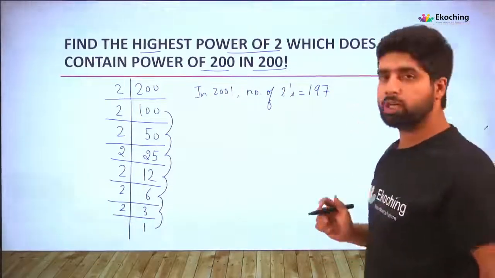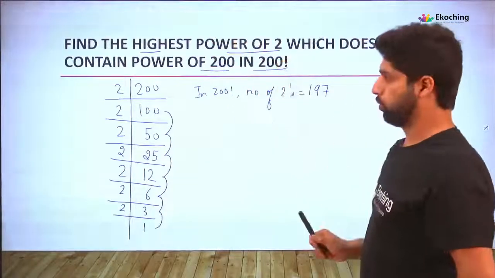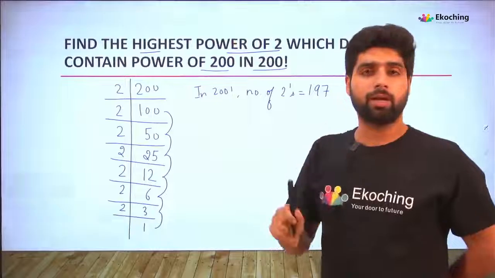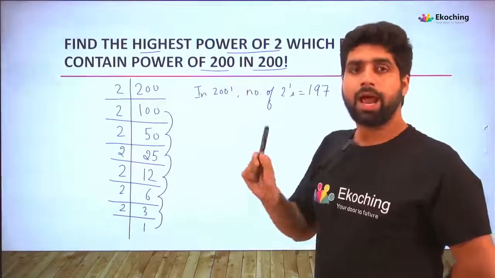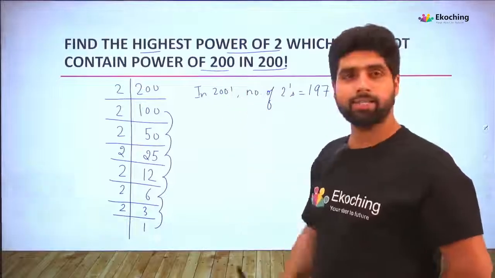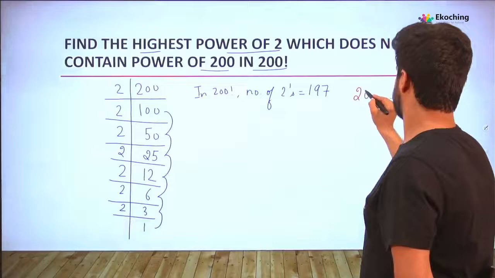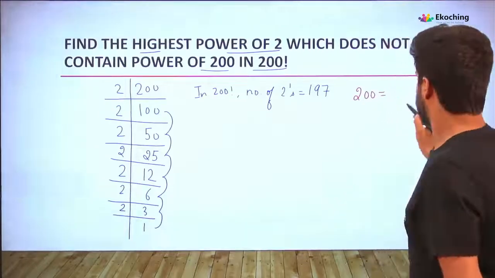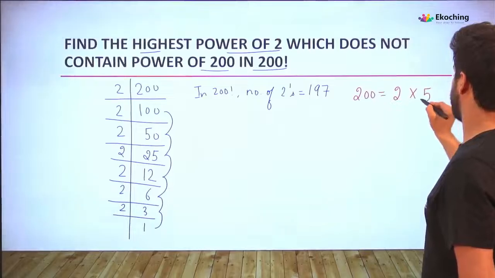No. The question demands we need to find that highest power of 2 which does not contain power of 200 in 200 factorial. And how is this 200 made? This 200 is made by some power of 2 and some power of 5.